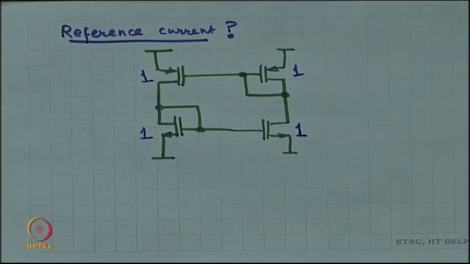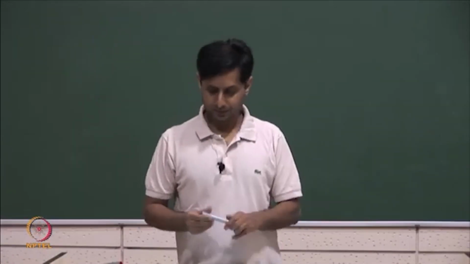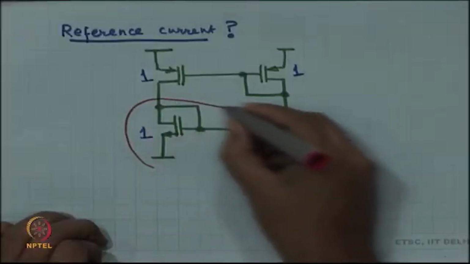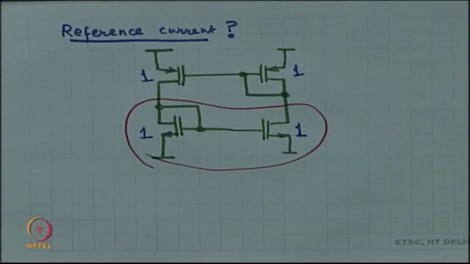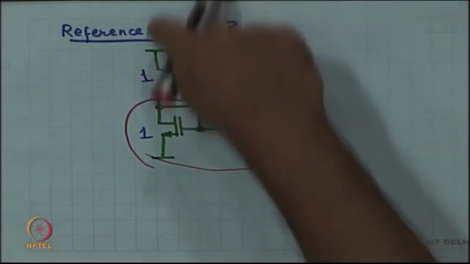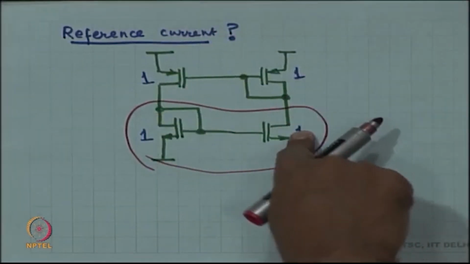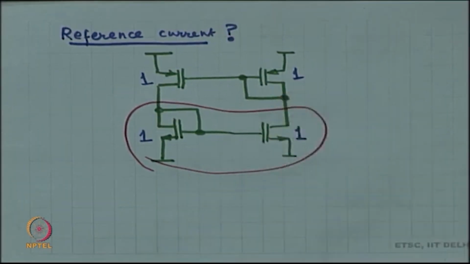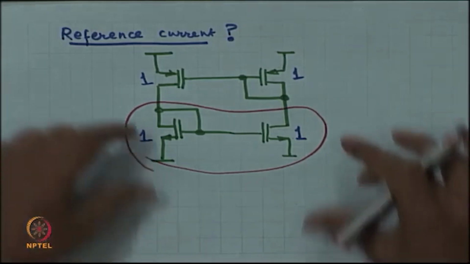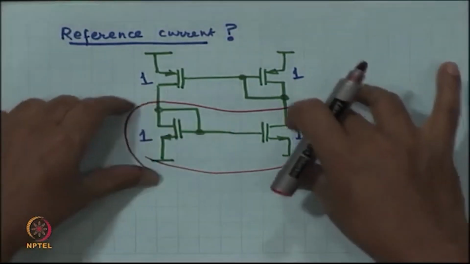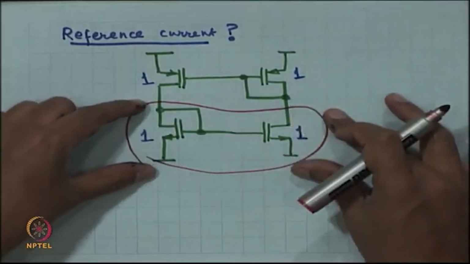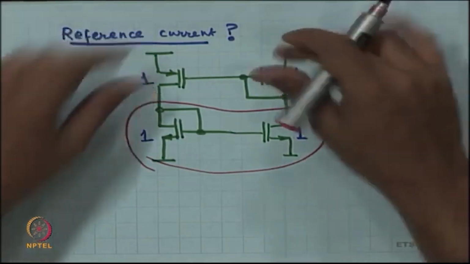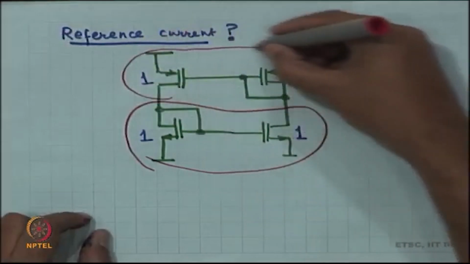Alright, by the way, I need you to now start remembering things. Okay, when you see this, what is this? This is a current mirror, current coming in over here, current being created on the other side. Alright, I need you to remember these patterns in the circuits, okay, because when you use these, this is a block, this is a current mirror block, alright. This is also a current mirror block and you have to identify these blocks.